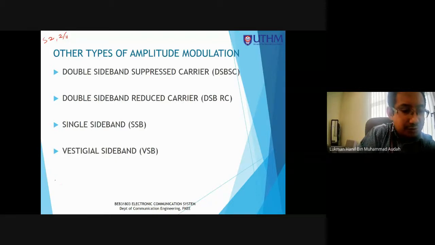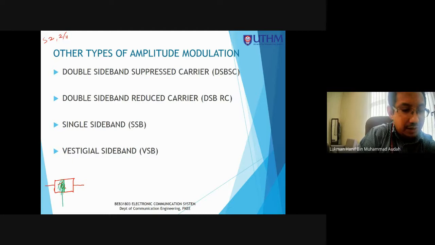Di dalam transmitter ada bahagian yang kita panggil sebagai modulator. So modulator is at the beginning of the transmitter side.